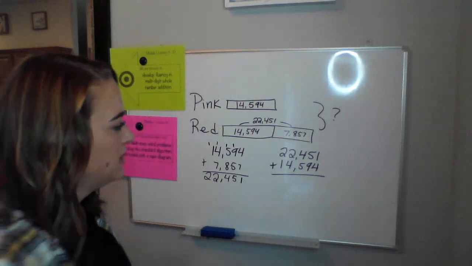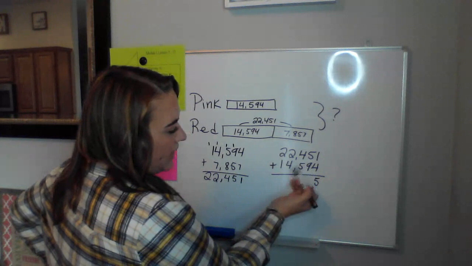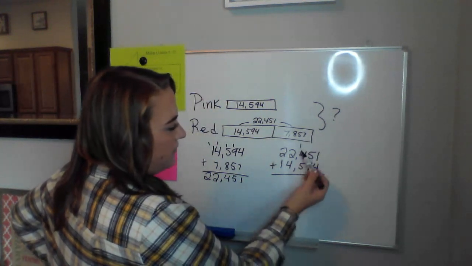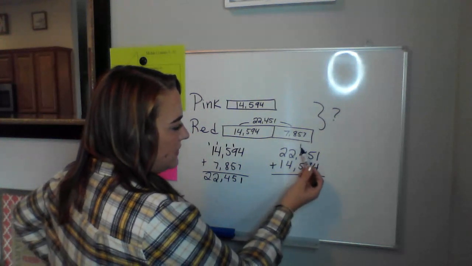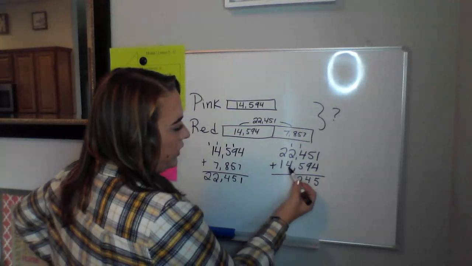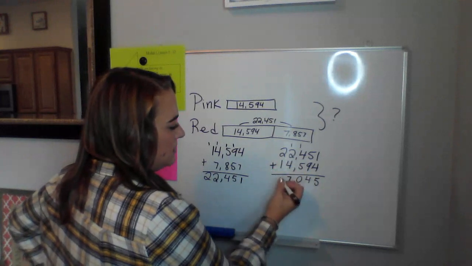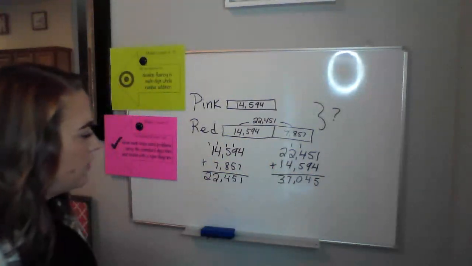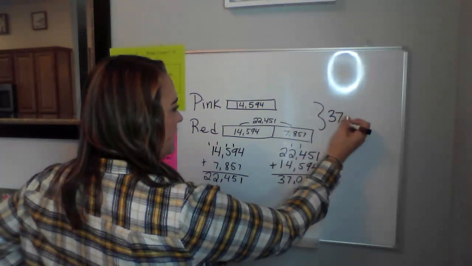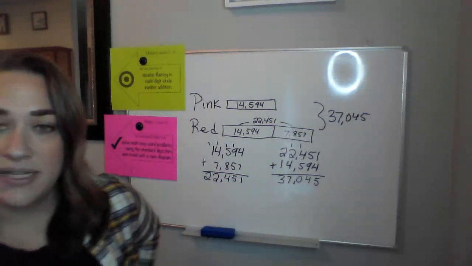Nice and neat, okay? 1 plus 4 gives me 5. 9 plus 5 gives me 14. 4 plus 1 gives me 5, 5 and 5 gives me 10. 4, 5, 6, 7. 1, 2 plus 1 gives me 3. So all together, they sold 37,045 pink and red roses on Valentine's Day.